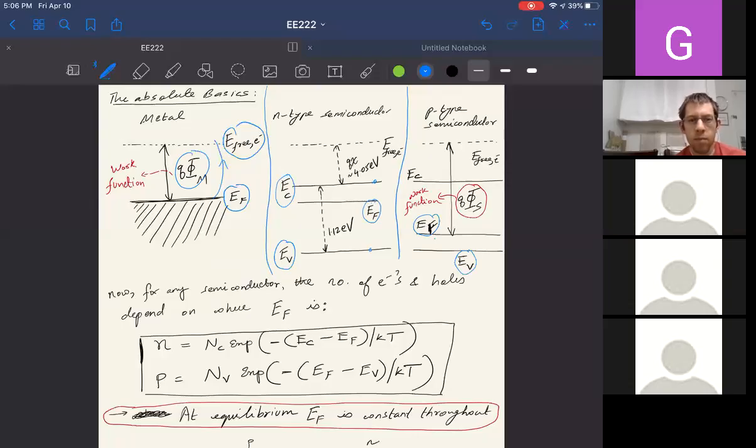The work function is again the energy needed to remove an electron from the Fermi energy to vacuum. So that's called the work function of the semiconductor. And then you have electron affinity, which is the energy from the conduction band to the vacuum level, okay? So every material has these fundamental properties.